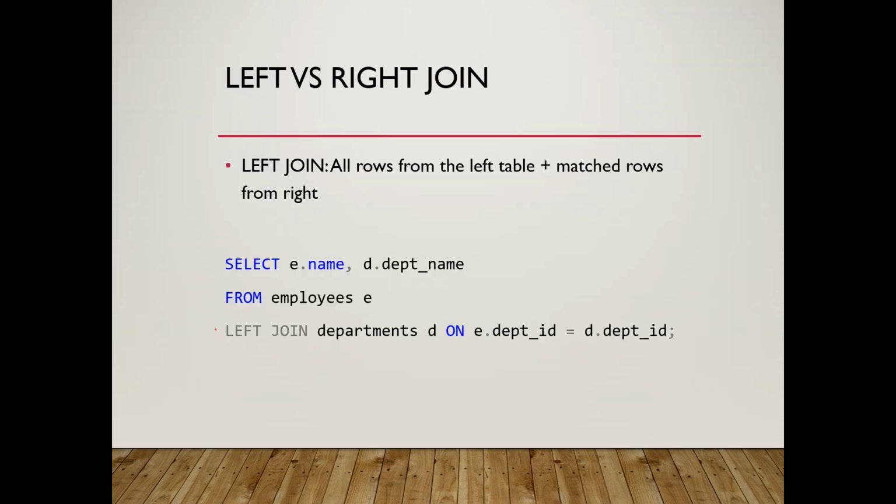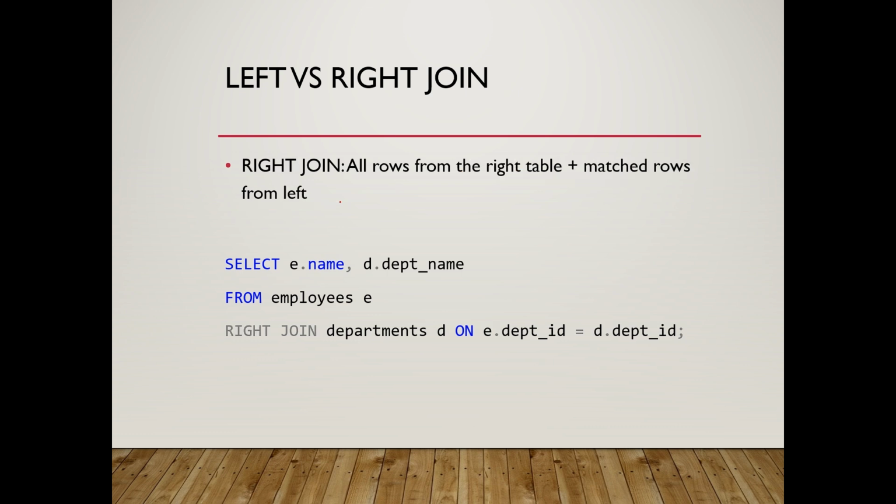Now comes a common confusion, left join versus right join. Let's break this down with a simple rule. Left join keeps all the records from the left table and only matching ones from the right. It means all rows from the left table and matching rows from the right table.